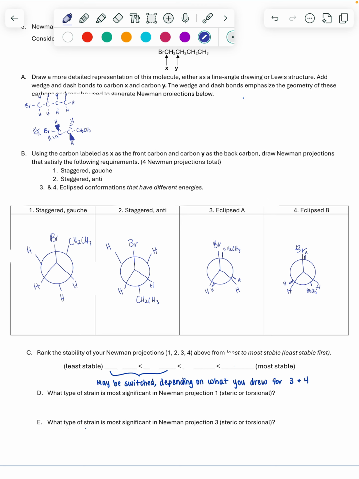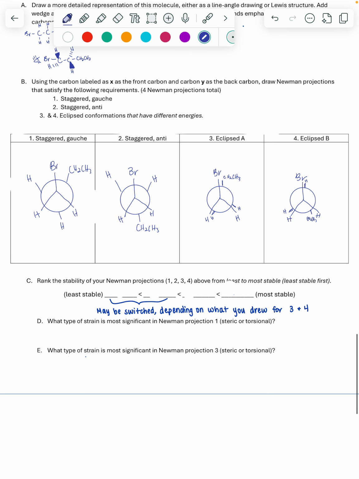So now if we're doing them from least to most stable, we know that when the two big groups are closest together, they're the least stable. So number 3 is going to be the least stable, where in the answer key it's 4, because in 4 the biggest groups are near each other. Eclipsed are less stable than staggered because they're constantly repelling each other.